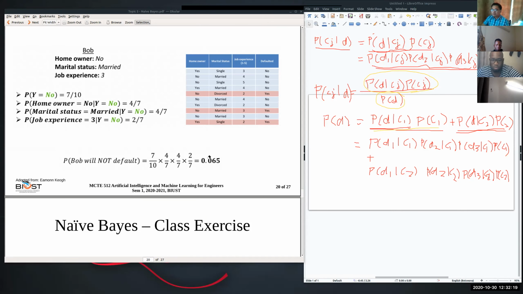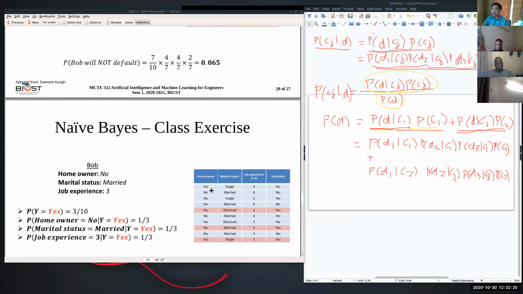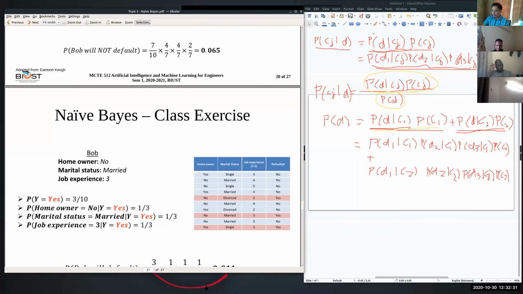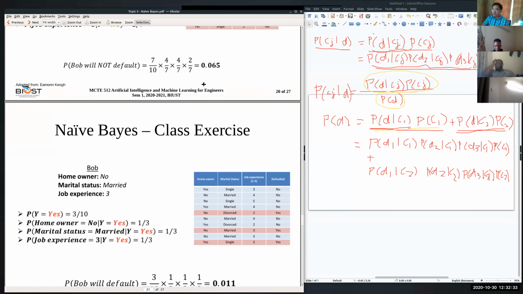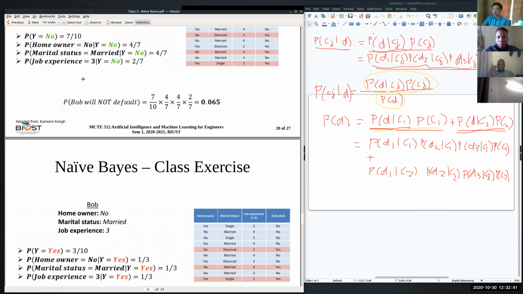Well, we have everything. If we look at this one, we have everything that we need. We can compute. So in this case, the probability of homeowner, marital status married, these are all Bob's information. The same thing, D1 homeowner, no, marital status, married, and child experience 3.